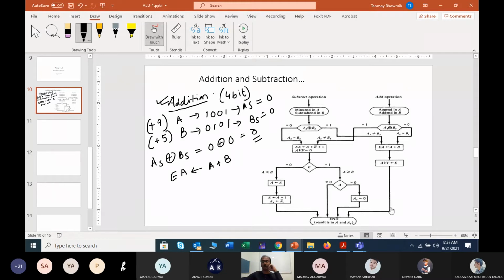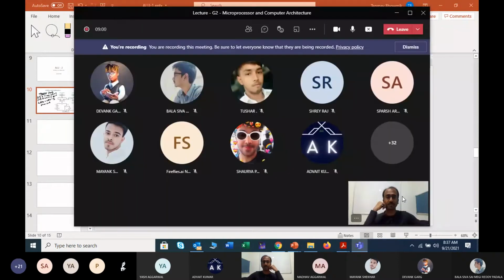If some students join late, I don't know how many of you there are now. I'm observing 32 students. Just for repetition, when I was starting the class, I asked whether I should start a fresh topic or go with some examples of the addition subtraction we covered last day.